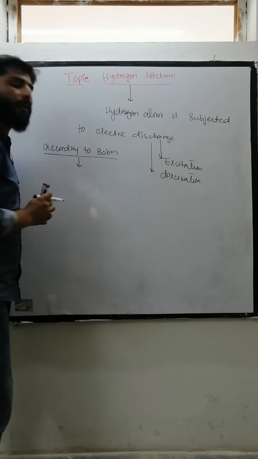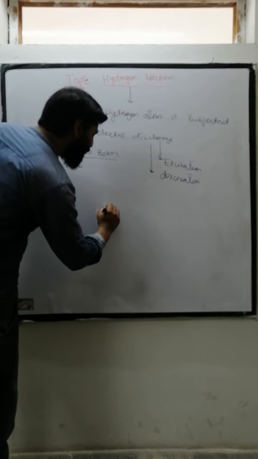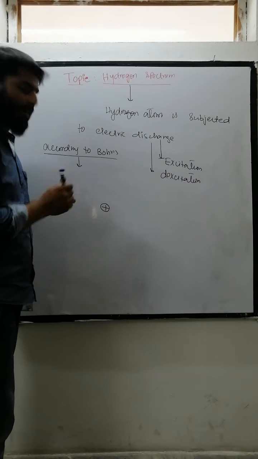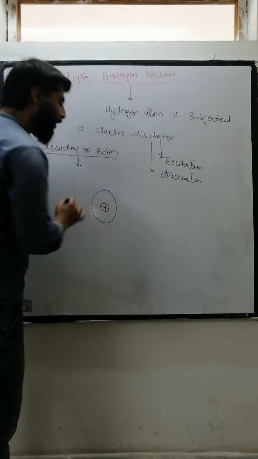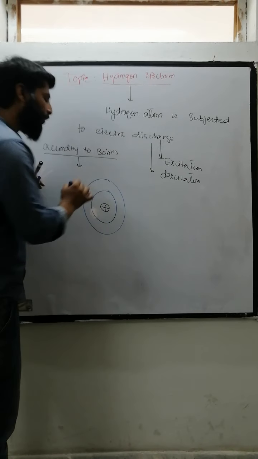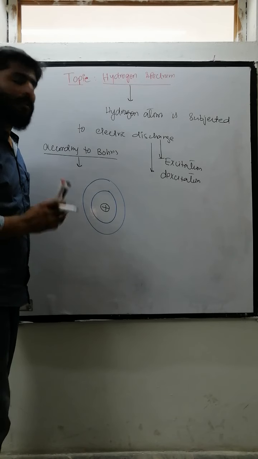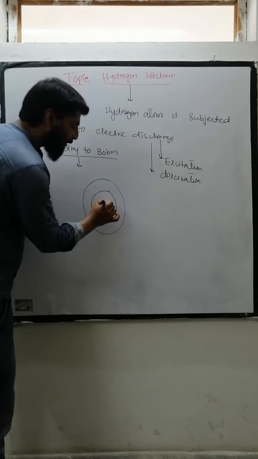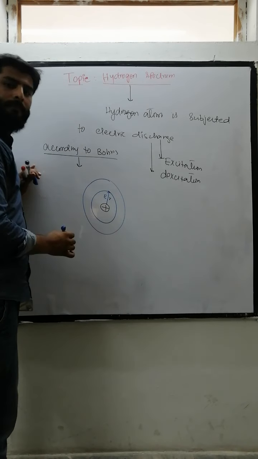According to Bohr's atomic model, an atom consists of a nucleus having specific paths around it. These paths are discontinuous paths having specific radius and energy.